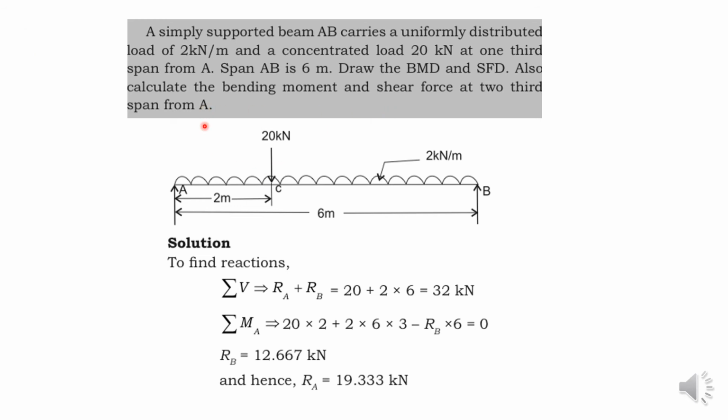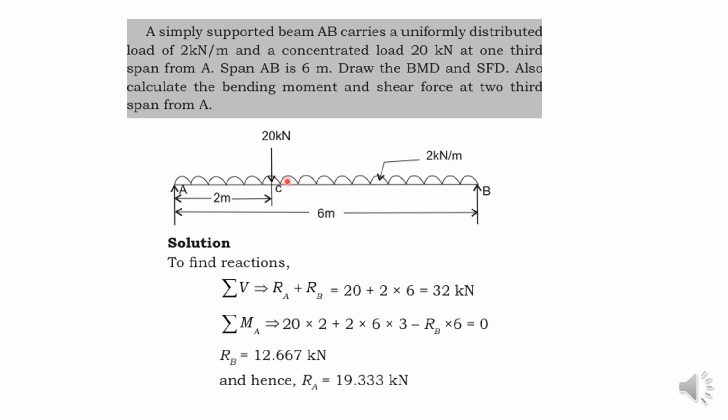Okay, so in the question it is given that it is a simply supported beam AB which is carrying a UDL of 2 kilonewton per meter intensity throughout the span and a concentrated load of 20 kilonewton at 1/3 span from A. That means this concentrated load of 20 kilonewton will be acting at 1/3, that is 6 divided by 3, that is 2 meter from A. So let's give a point C here where the 20 kilonewton load is acting.